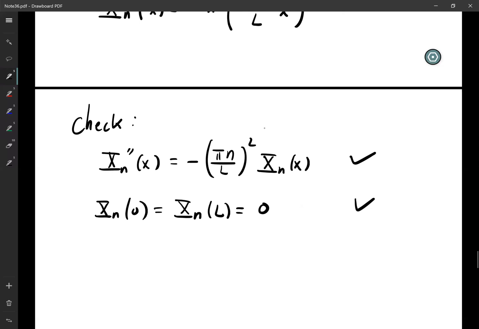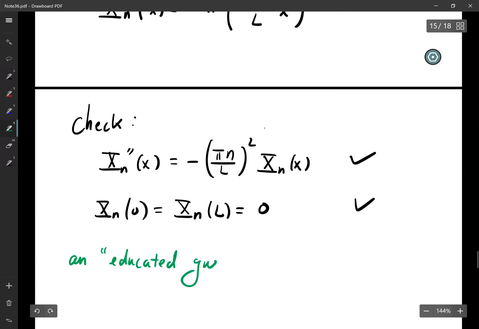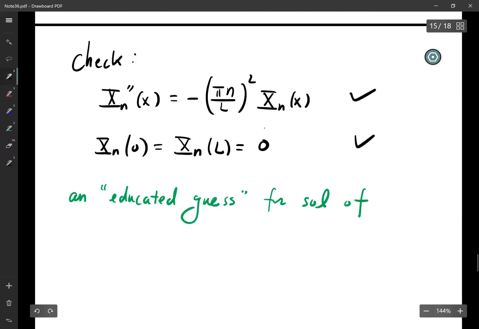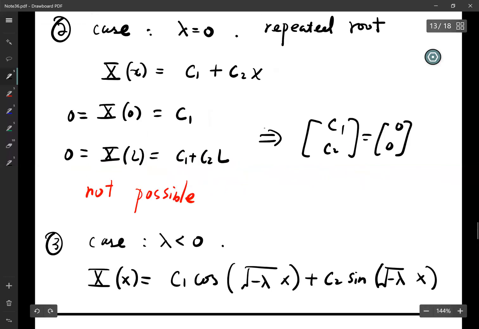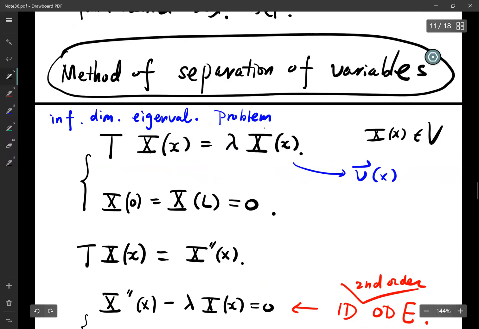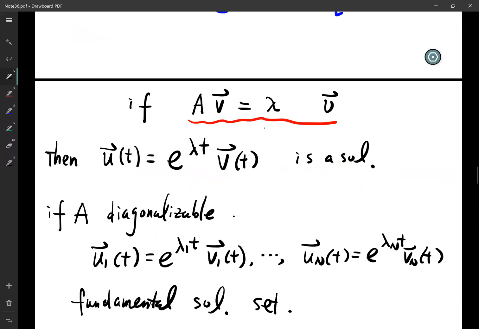Now let me make an educated guess for the full solution of the heat equation. Following exactly the same principle as a long time ago, I've already found an eigenvalue, which is labeled by n, and an eigenvector, I call it X_n(x), again labeled by n.